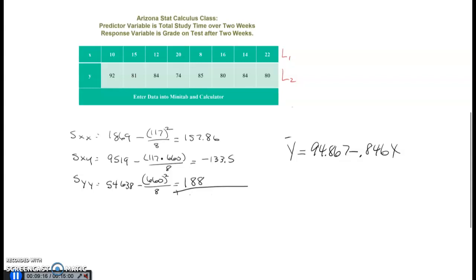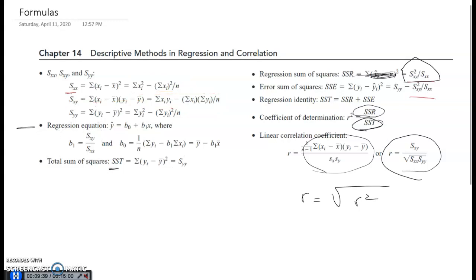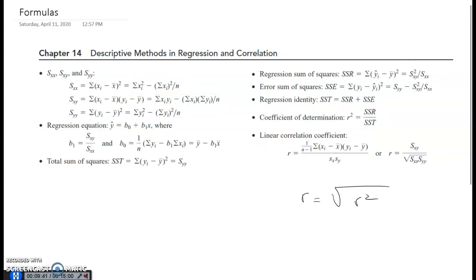In the last video, we calculated our S of XX, S of XY, S of YY, and we found our regression formula. Since we already have these calculated, let's look at our formulas for a second.